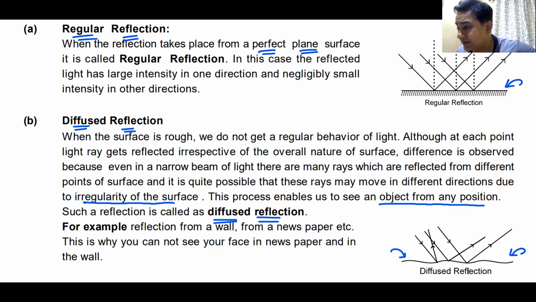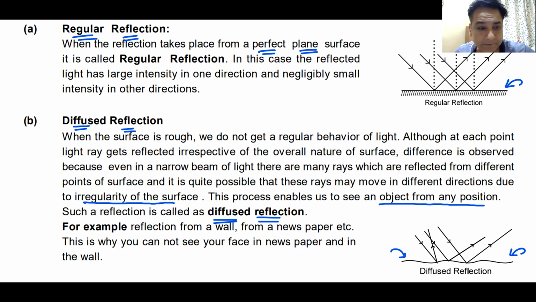Angles of incidence are different and angles of reflection are different. So this is what I call regular reflection and diffused reflection.